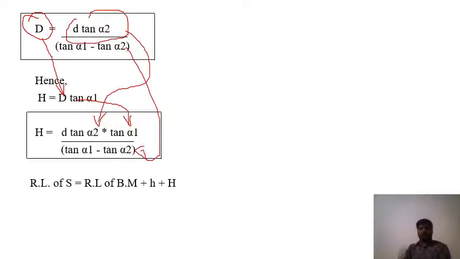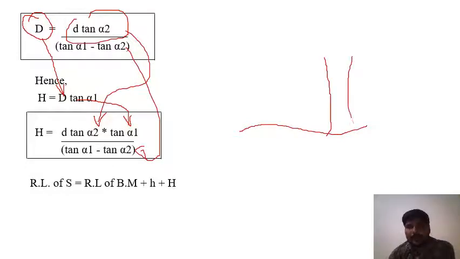Now if I have to find out the RL, how is RL found? I have told you before. Let me give you one example. Suppose this is something and there is one tree. I have found the height of half of the tree, which is 3 meters. There is a bench, a stool, and a table.